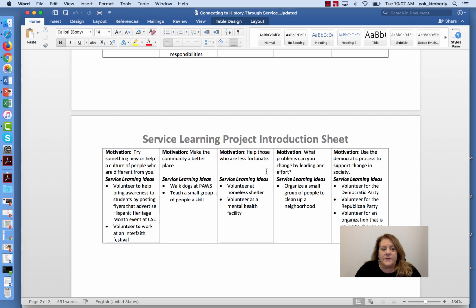What can you do in this group if this is your group? You can get in touch with organizations or departments like here on campus, CSU, the Department of Diversity, and find out what events they have. I know they have a Hispanic Heritage Month coming up. So get in touch with that department. Ask them, can I do something to help you?